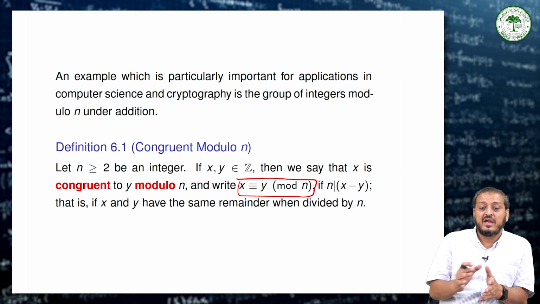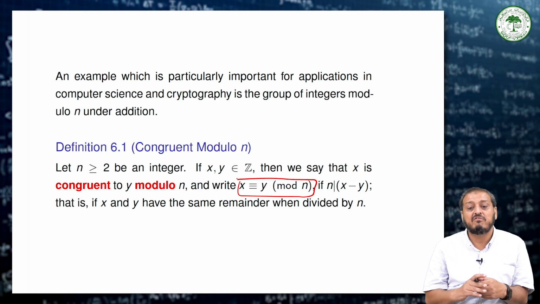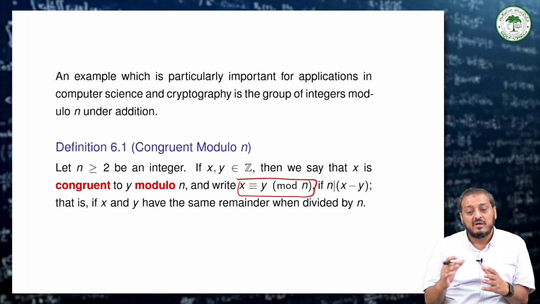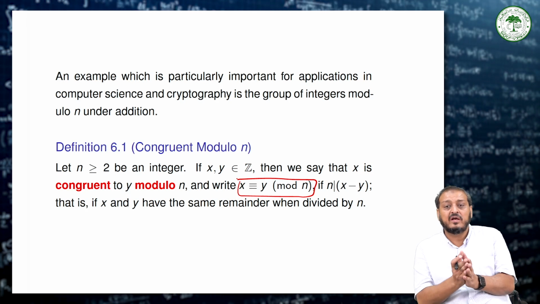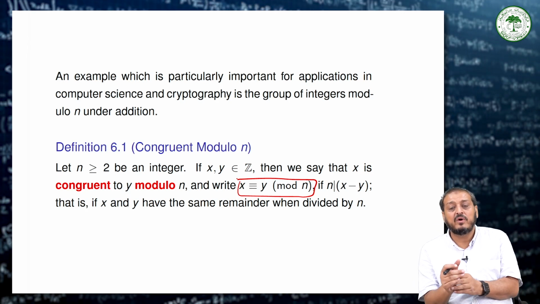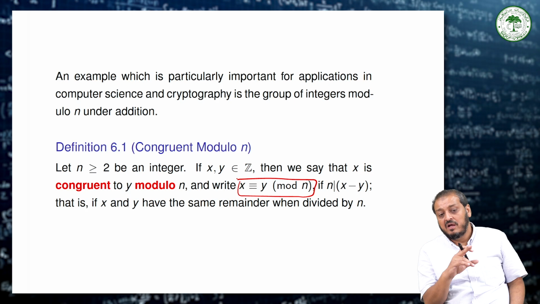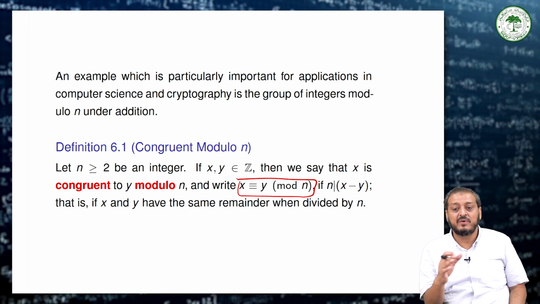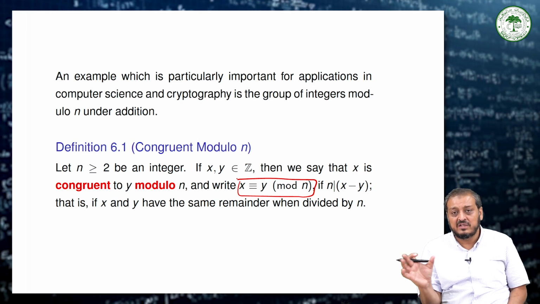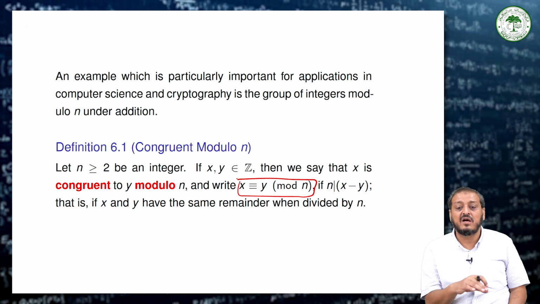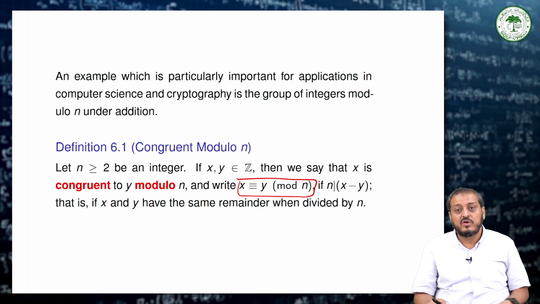That is, x and y have the same remainder when divided by n.